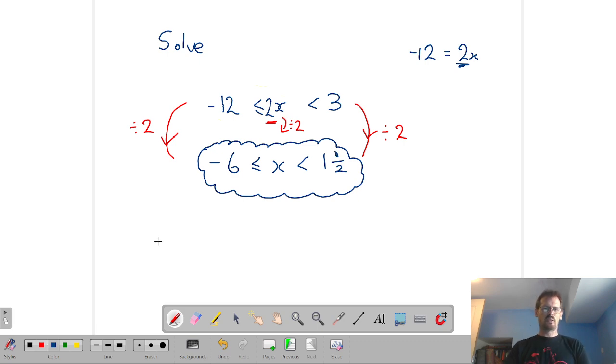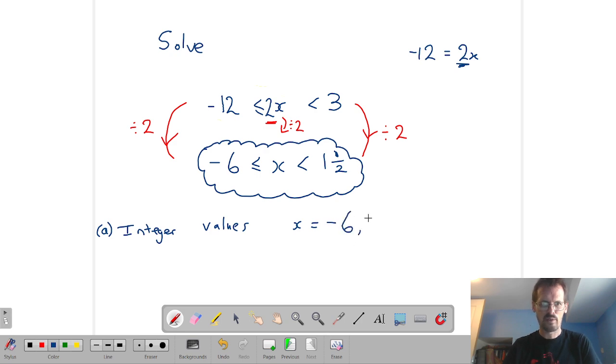Now if you wanted integer values for that solution, you would simply list them out. So it can be starting from minus 6 all the way up to 1.5, and x is between those. It can be equal to minus 6.